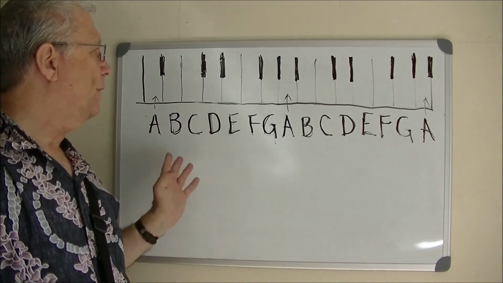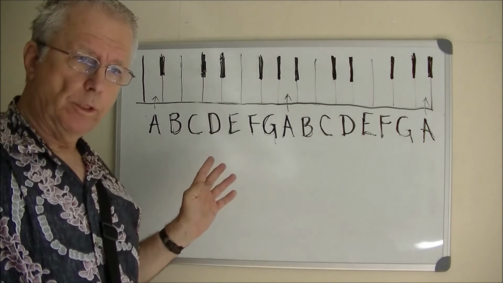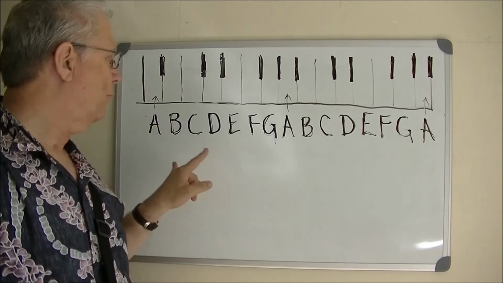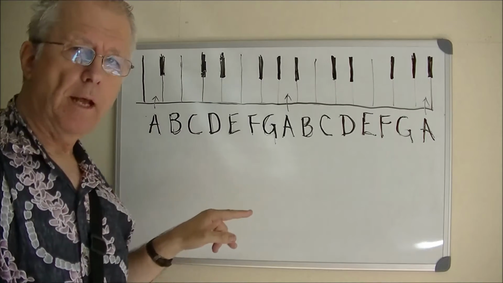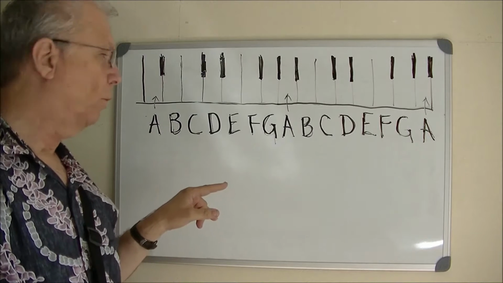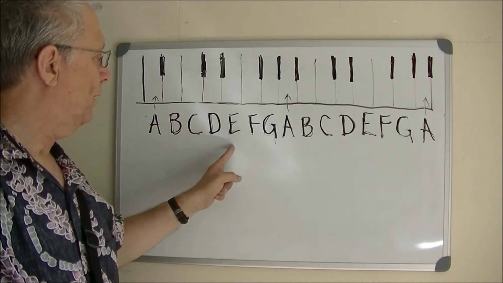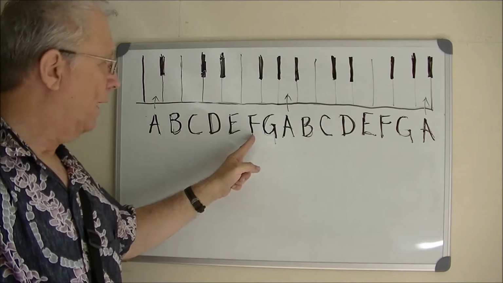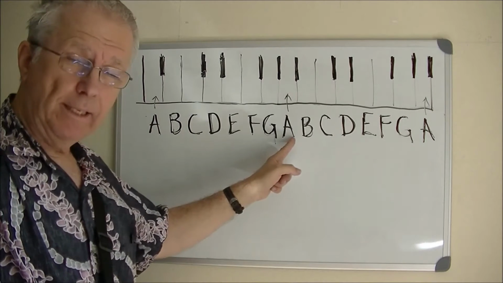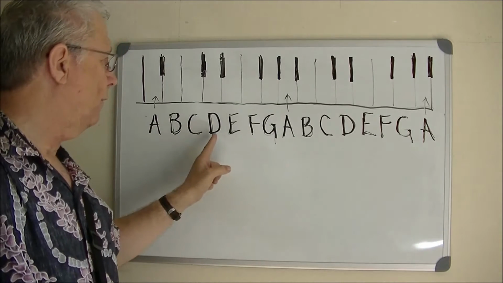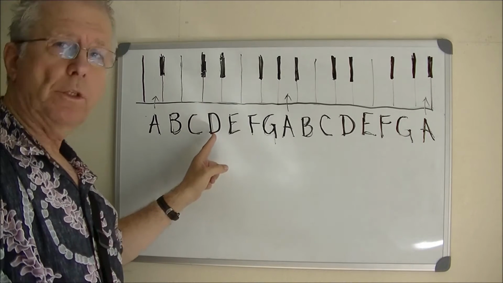Okay, so we have this alphabet, and now the question about chord tones comes up. Every other letter on the alphabet belongs to a chord. So if I start with D and skip a letter and go to F and skip a letter and go to A, then I have a basic chord which is called a triad.